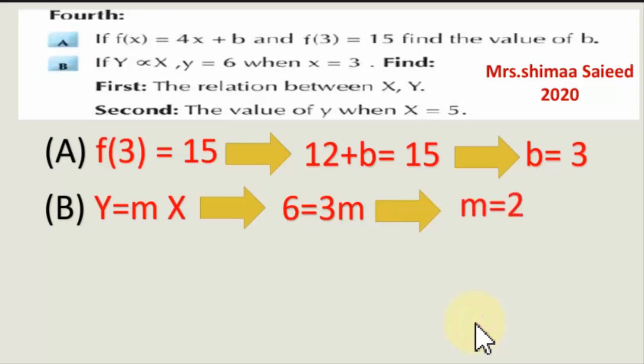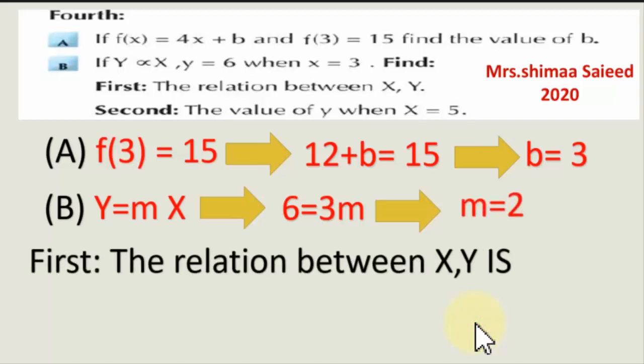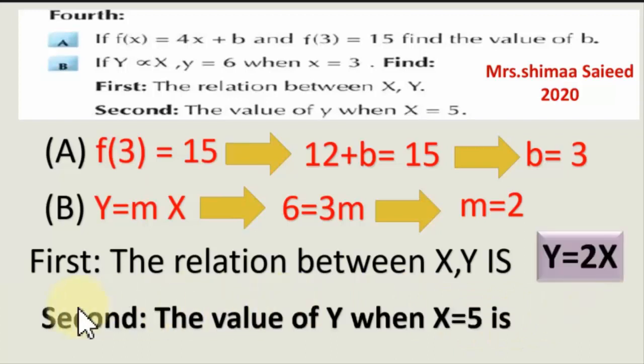So the relation between x and y is y equals 2x. If we want to calculate the value of y when x equals 5, you know that y equals 2x. So 2 times 5 equals 10. y equals 10.